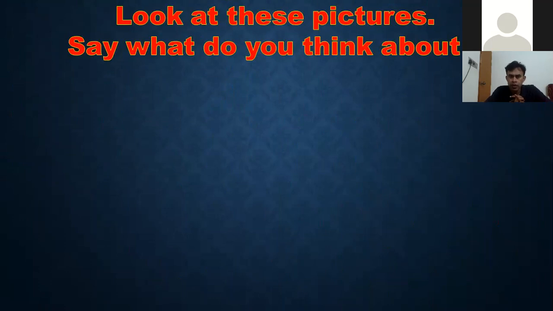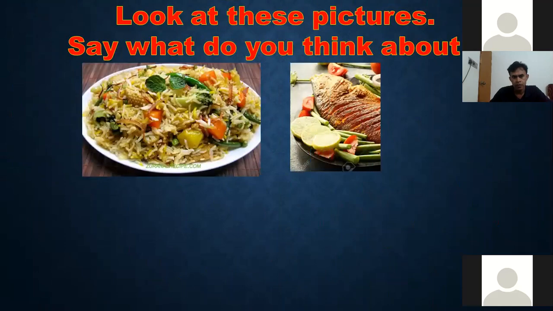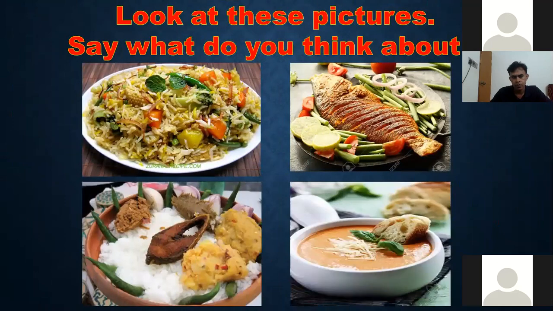Please look at these pictures. Say, what do you think about dash dot dot dot dot? You can see 4 pictures on the slide, and these 4 pictures indicate delicious, tasty, enjoyable food items.